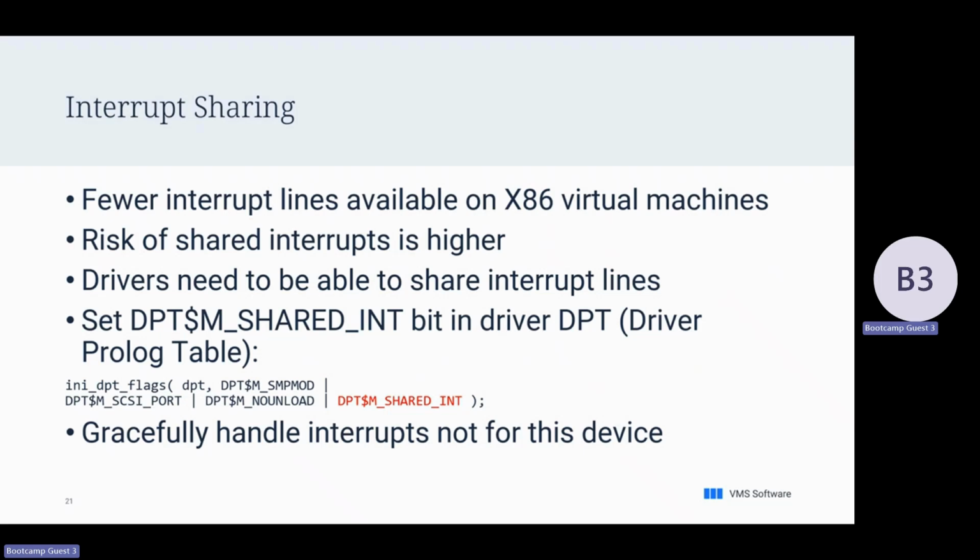Interrupt sharing. We find that on x86 virtual machines, there is a pretty limited number of interrupt lines available. That means that the risk that your device has to share an interrupt with other devices is higher.